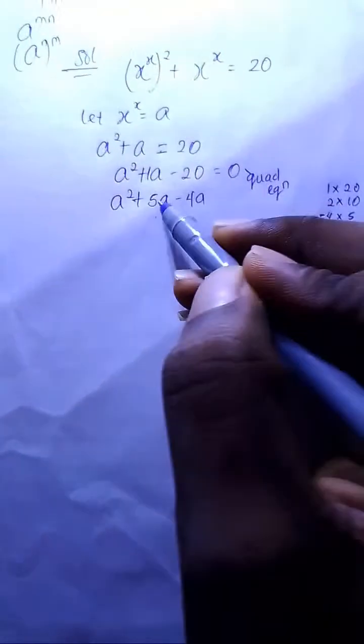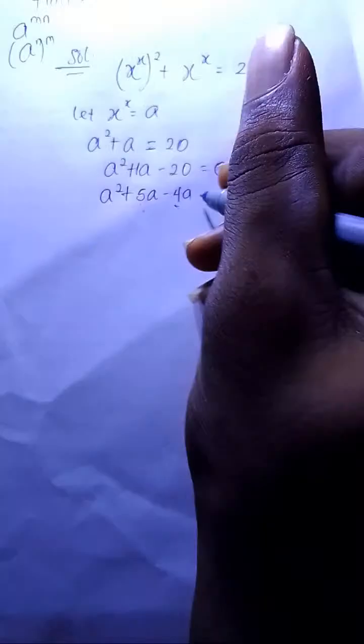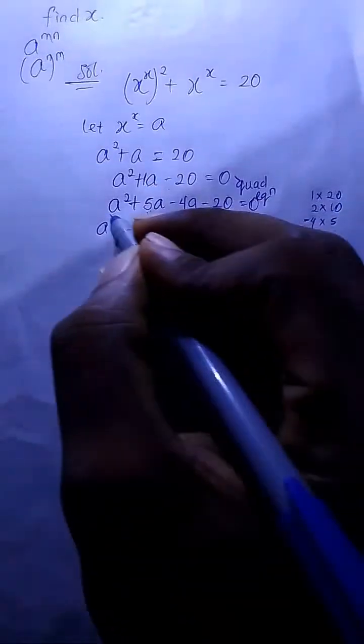So we're good. So we can write a squared plus 5a minus 4a, because 5a minus 4a gives us 1a, and 5 times minus 4 gives us minus 20, so we are good. Minus 20 equals 0. So from here, what is common in a squared and 5a? a is common.